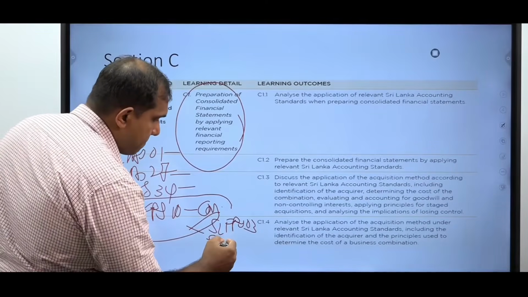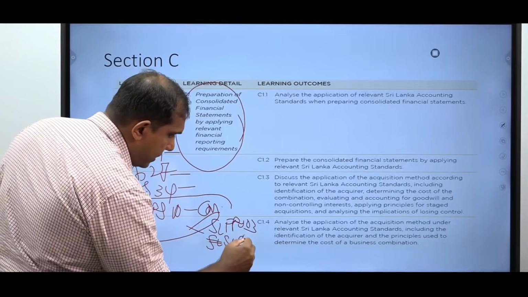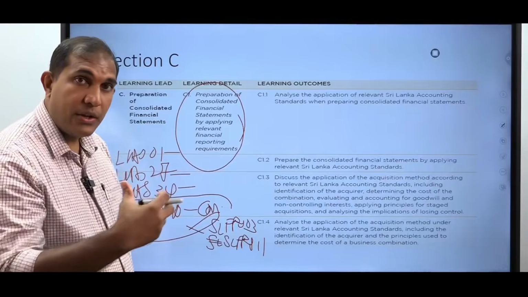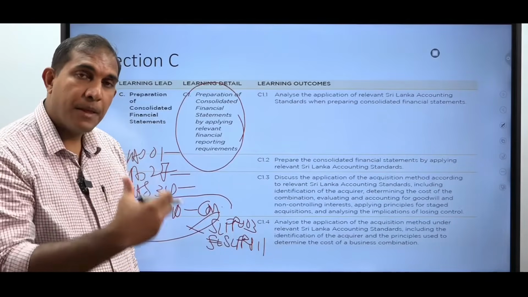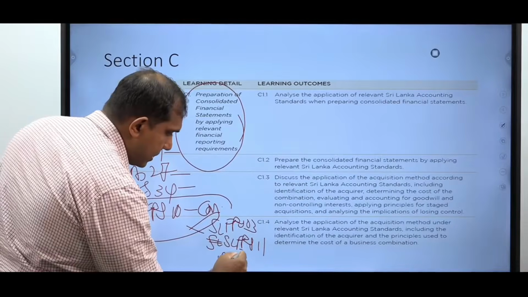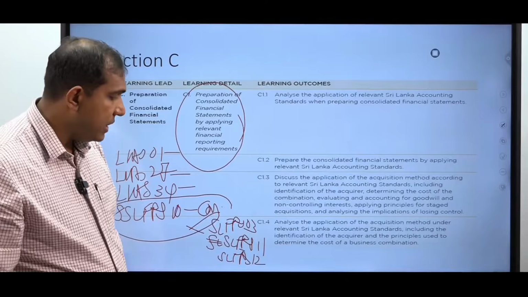Then SLFRS 11, joint ventures or joint arrangements. Then SLFRS 12, disclosures of interests in other entities.